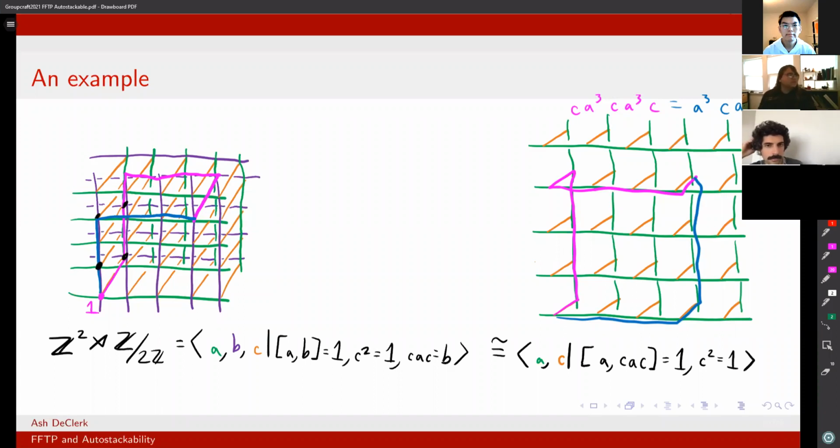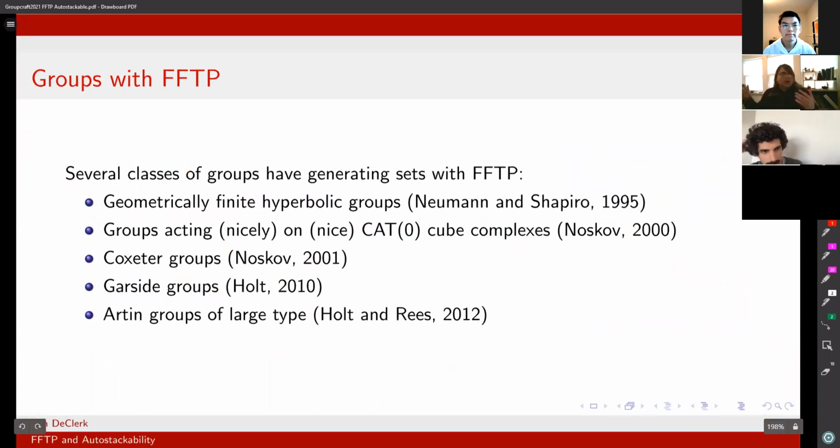All right. So FFTP is actually a pretty common property among nice groups. So there are lots of very nice classes of groups with FFTP, at least for some generating set. In particular, Neumann and Shapiro showed that geometrically finite hyperbolic groups all have FFTP for some generating set.